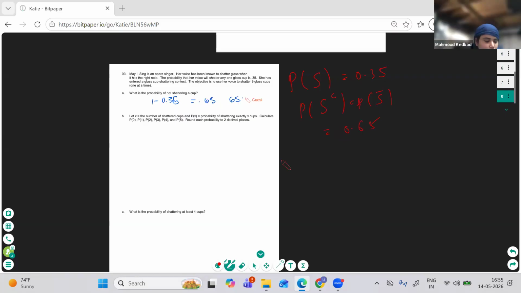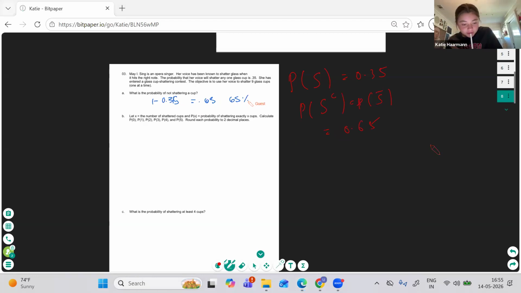Okay. For the next part, what do you think we should do? Let X equal the number of shattered cups and P of X equal the probability of shattering exactly X cups. Calculate P of 0, 1, 2, 3, 4, and 5. Is this what we did yesterday? Yes, because the X value keeps on changing.